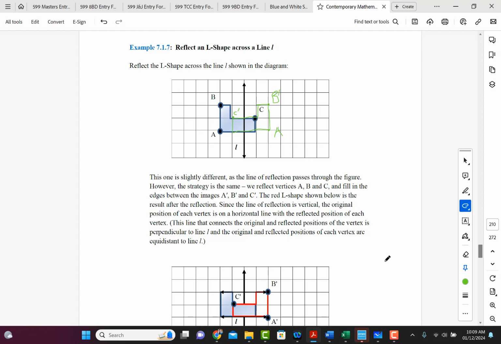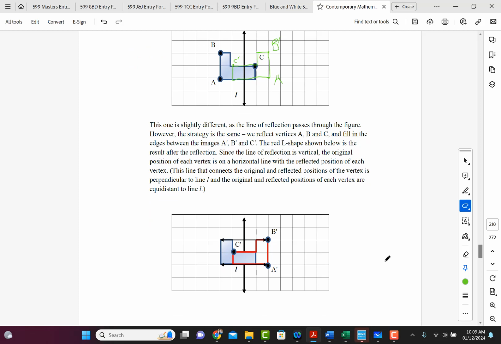Okay, as we can see below. So this one is slightly different as the line of reflection passes through the figure. However, the strategy is the same. We reflect vertices A, B, and C and fill in the edges between the images A prime, B prime, and C prime. The red L-shape shown below is the result after the reflection.